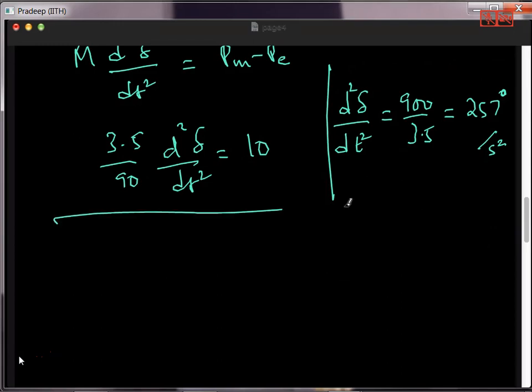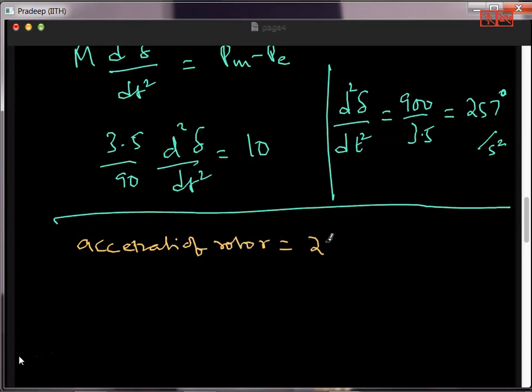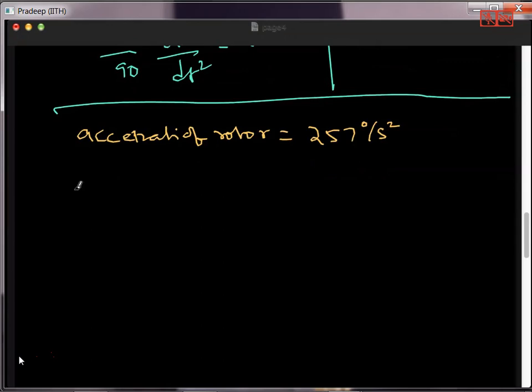So now I can further ask, although it's not asked in the question. The acceleration of the rotor is nothing but 257 degrees per second square. So I can now ask a question. See, this PM equal to 0.18 and PE equal to 0.16.